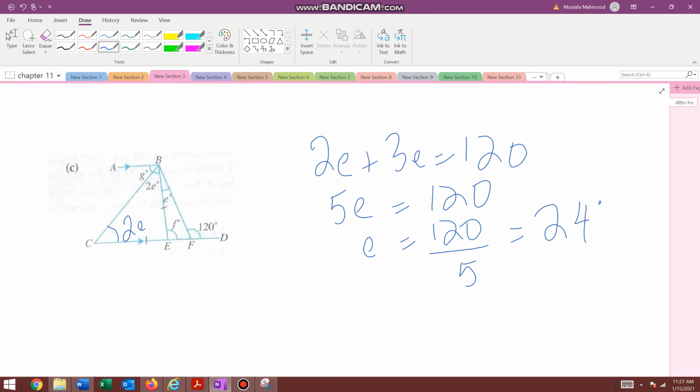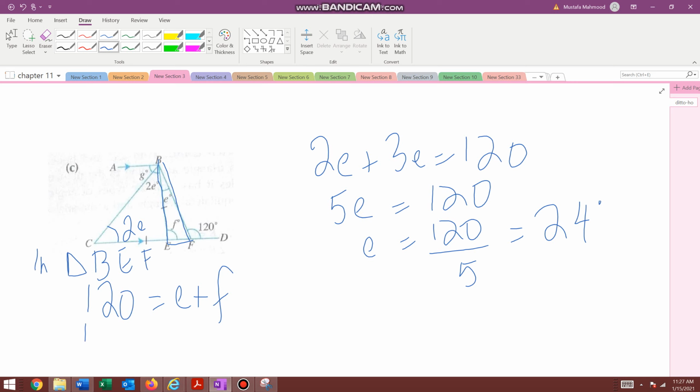Now to find out the value of F, we are going to look at this small triangle and again use the exterior angle. 120 is also exterior to this triangle. और अगर हम इस triangle को देखें तो 120 should be equal to the sum of E and F. So 120 is equal to E plus F in the triangle BEF.